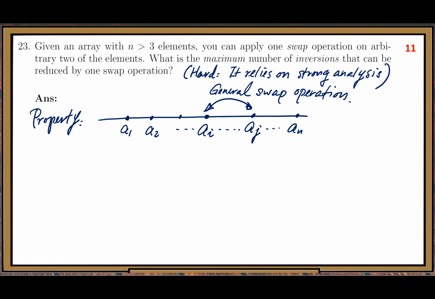Now think about what is the impact of this swap operation on the total number of inversions. We need to study this. If we do this one swap operation, what is the change in the number of inversions after this swap?